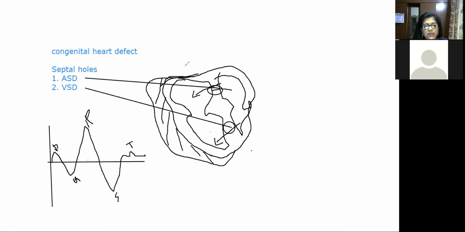This is the ECG I am showing you. Normally P to Q shows auricular contraction, QRS shows the ventricular contraction, and T is the repolarization. This is called the depolarization of auricles, depolarization of the ventricles. This is called repolarization of all the four chambers.